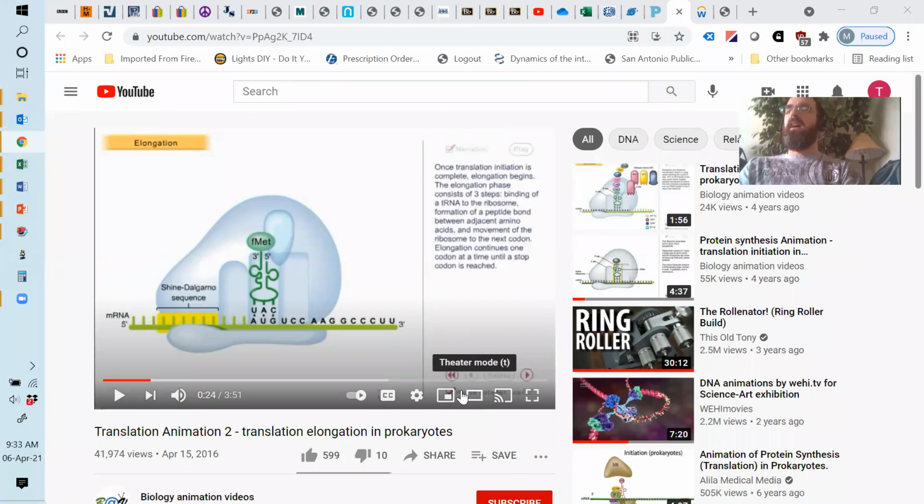Question for the class. Can anybody remember where 1 ATP is used in the addition of an amino acid to a polypeptide? Think about the whole process.